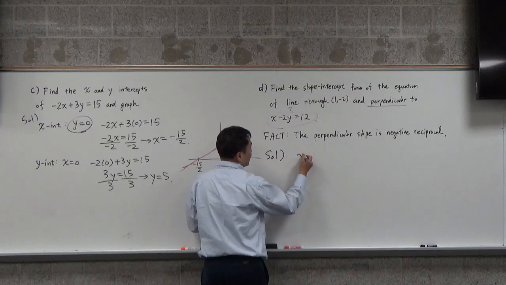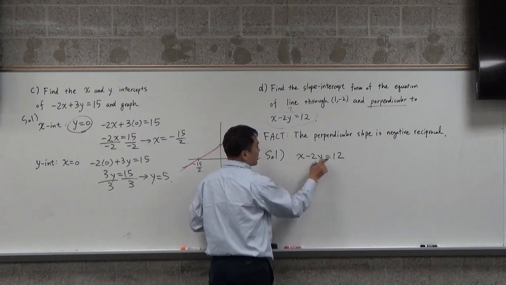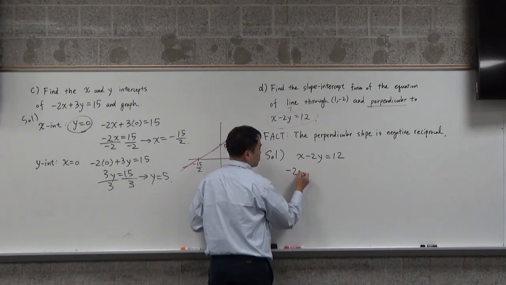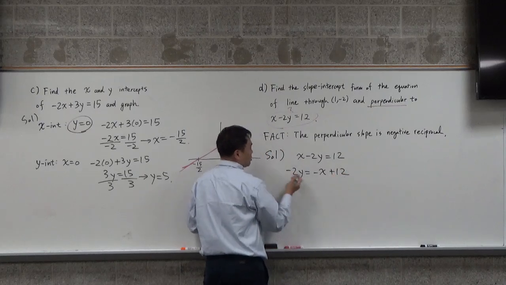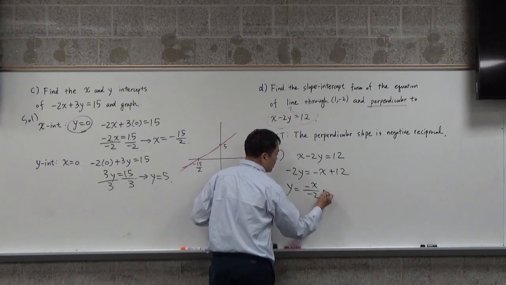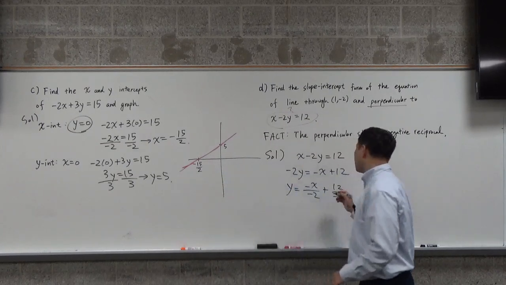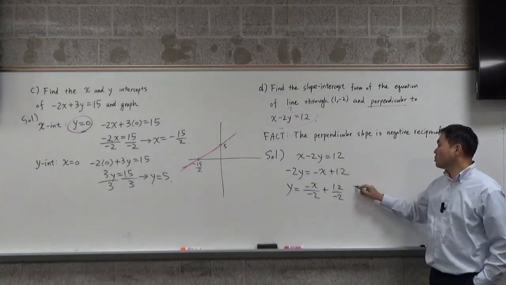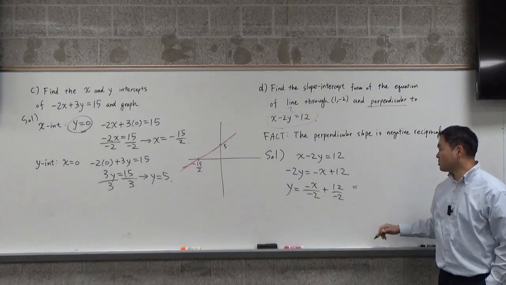Solution: x minus 2y equals 12. Move the x to the other side, so negative 2y equals minus x plus 12. And then you divide everything by negative 2. And then, as before, you rewrite: negative divided by negative is positive, right?